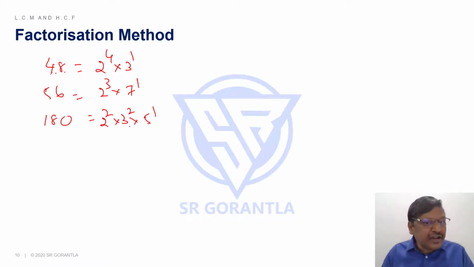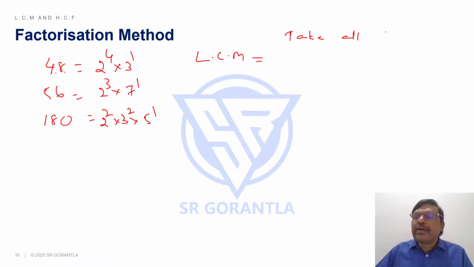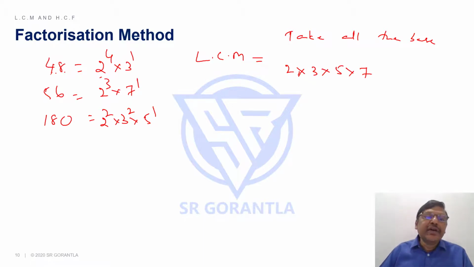You can convert them. Now, for LCM, what I should do, students, is take all the bases. What are the bases here? 2, 3, 5, 7. I take all the bases. Then, students, after taking all the bases, take their highest powers.